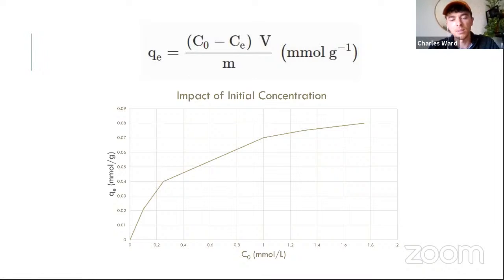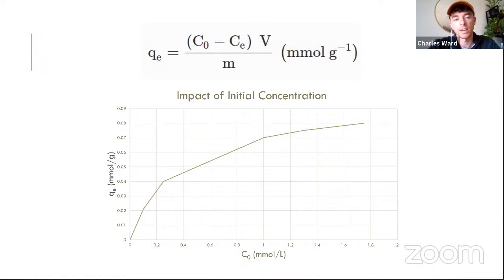So I held everything else steady and varied that initial concentration and got a plot that looks pretty similar to the last one, but it shows us that as you add more metal initially, your absorption capacity will increase, which makes sense. The more metal you have, the more that's absorbed, but also that the rate, the efficiency of the absorption slows down.